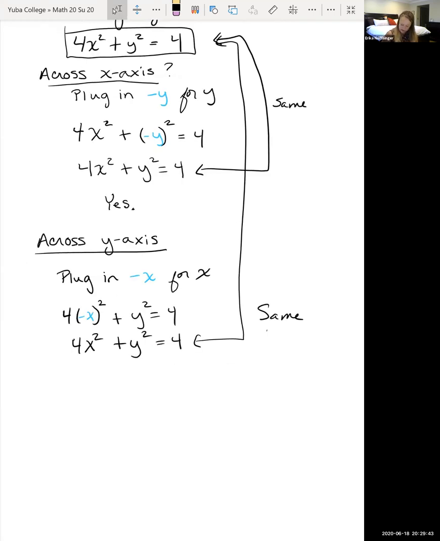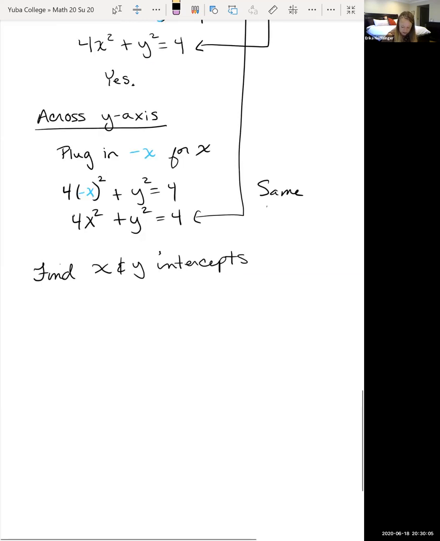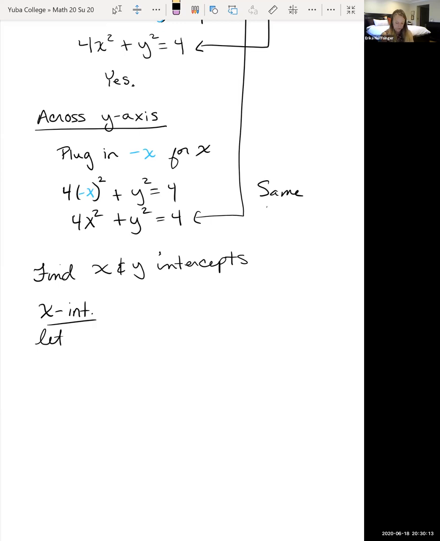So let's find our intercepts. And let's see if we can graph this. So for the x-intercept, we're going to let y equal 0.